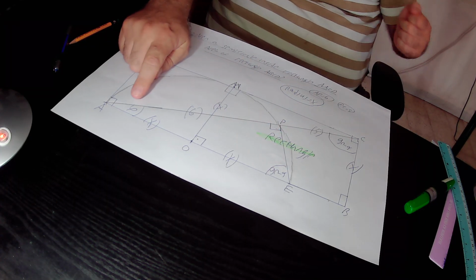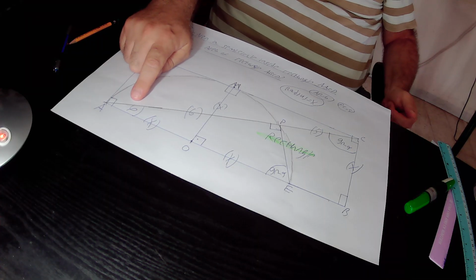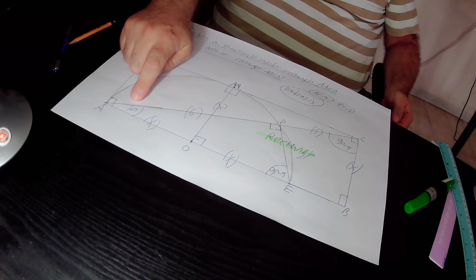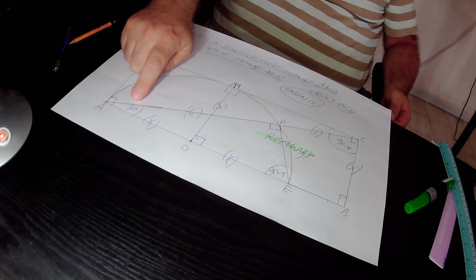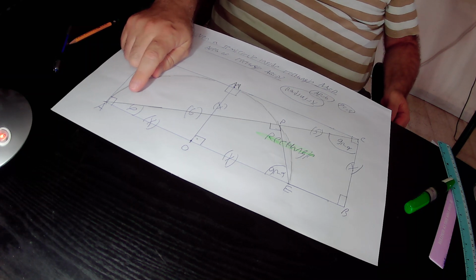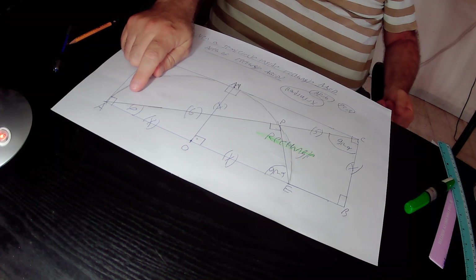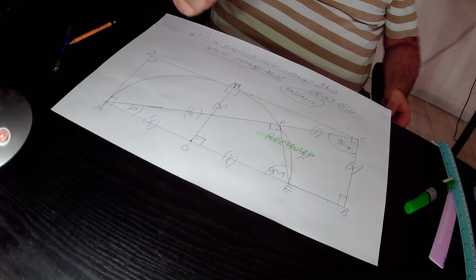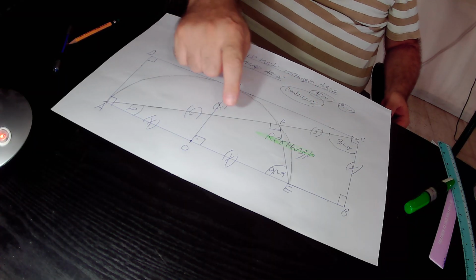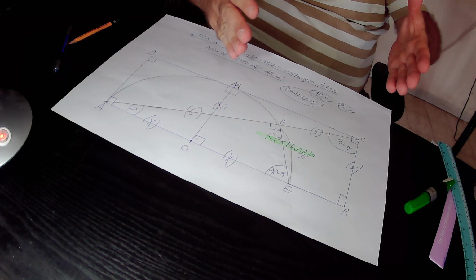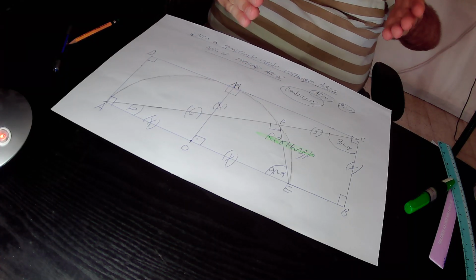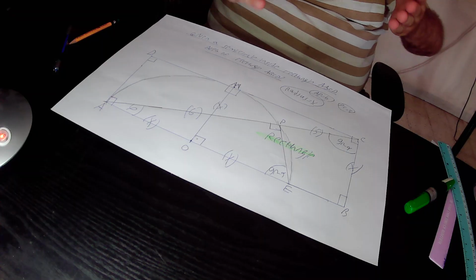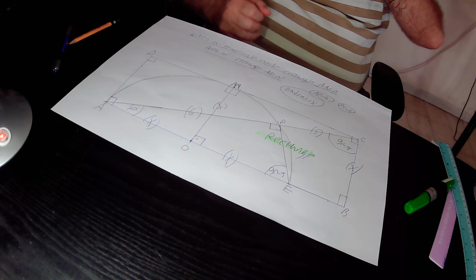And finally, this is angle A, that is a common angle that belongs to both triangles. So we can write down that angle A equals itself, a common angle that belongs to both triangles. So we have proved that all the angles of the big right triangle ABC are correspondingly equal to all the angles of the small right triangle APE. Therefore, those two right triangles are similar to each other according to the angle similarity rule.